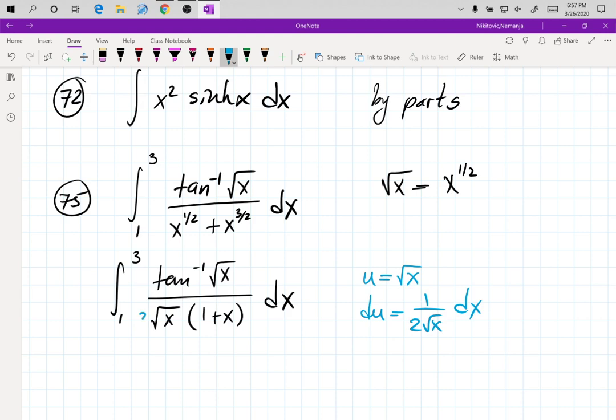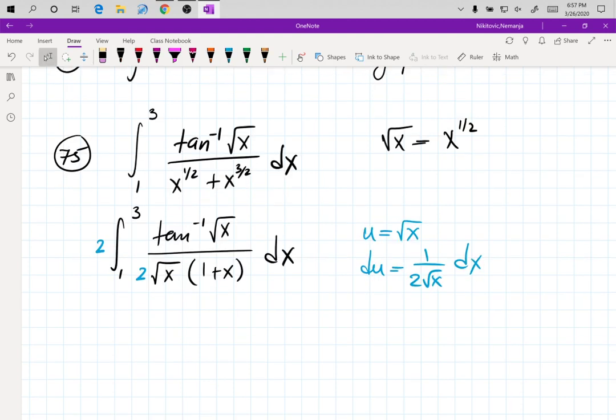Well, I don't have a 2, so we'll put 2's in. And I have 2 integral 1 to root 3, and I have tangent inverse of u divided by 1 plus u squared du.